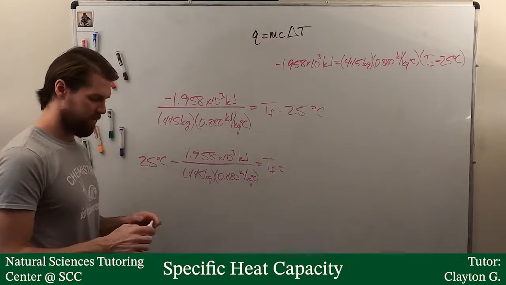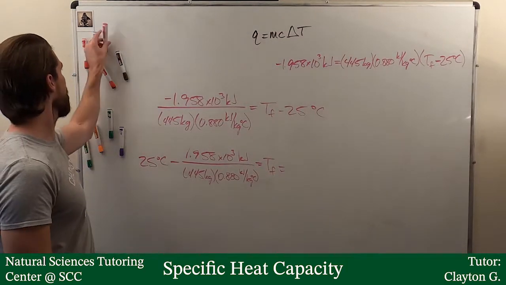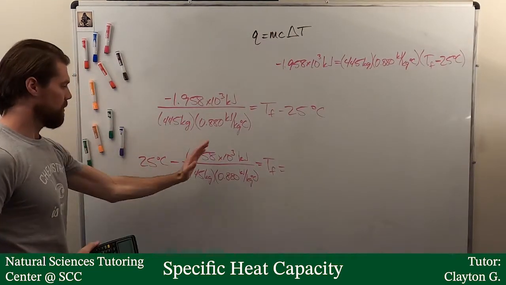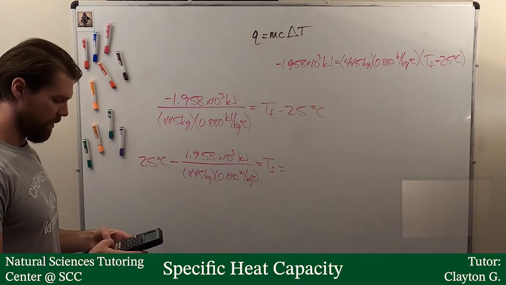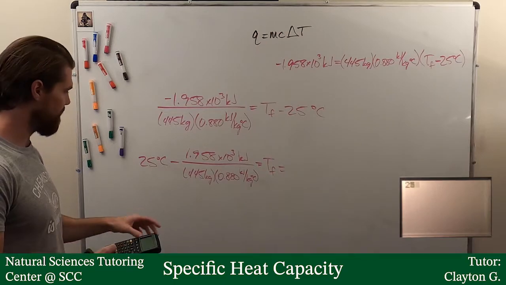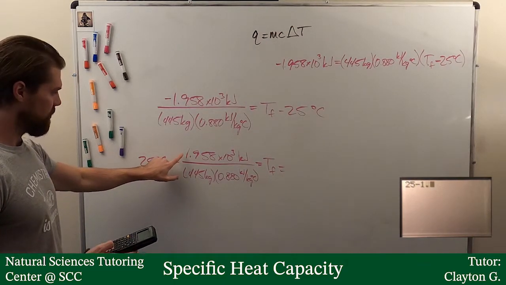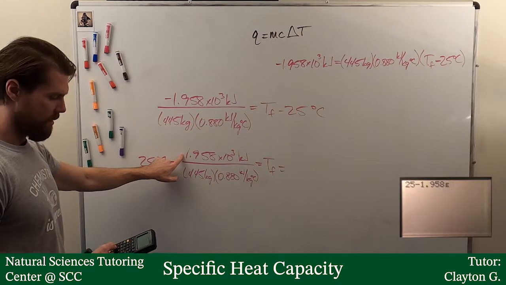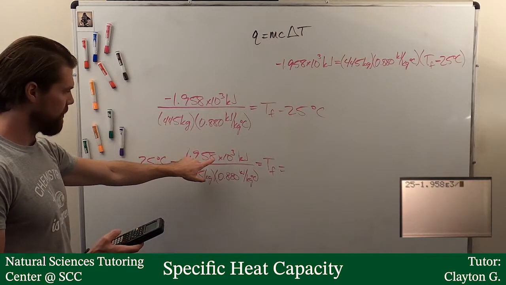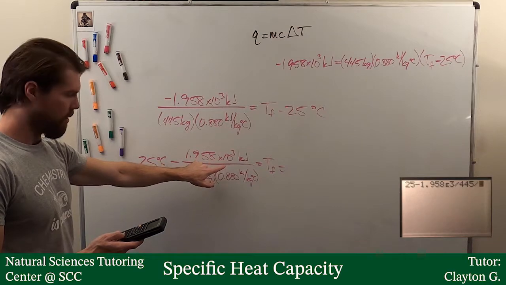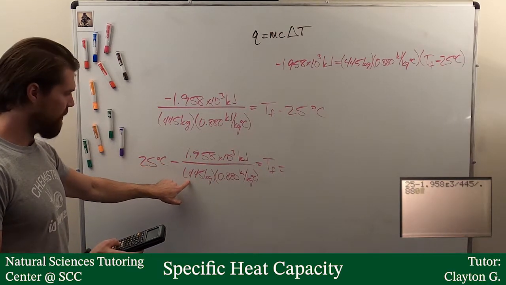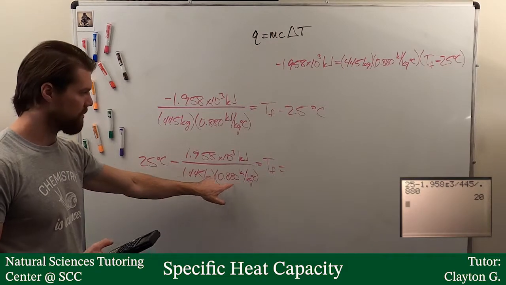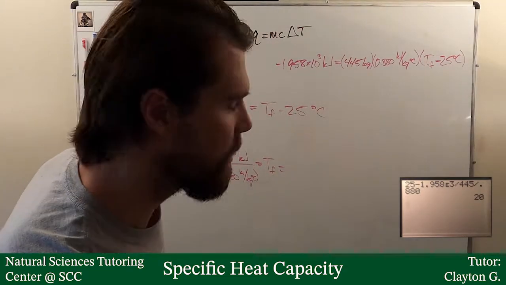This is what calculators are for, so let's throw that in real quick. I'm just going to throw this in as I see it here. So I'm going to get 25 minus 1.958 times 10 to the third divided by 445 divided by 0.880 equals 20.